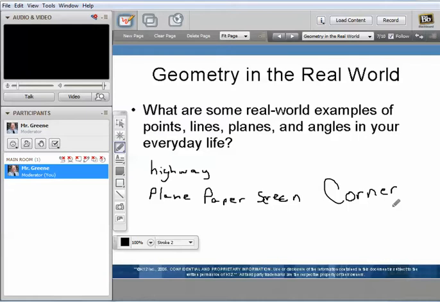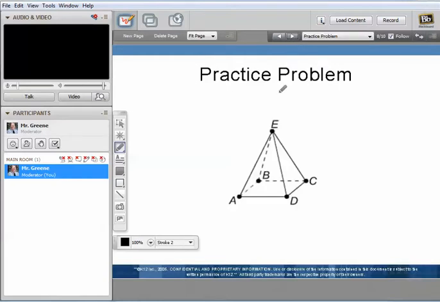Hey, if those two walls come together with the ceiling, I got a point in the corner of the room. And where the walls are coming together, there's a line running down. Right here in the room you're at, you've got a point, you've got a line, you've got planes. They're all around you. It's like oxygen. So you've got it all around you in that respect.